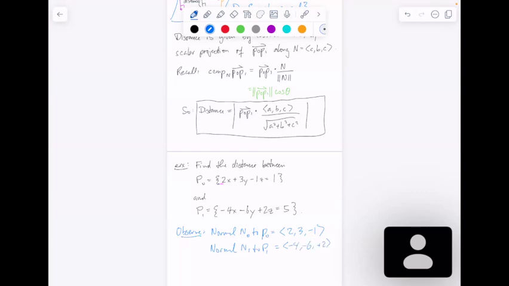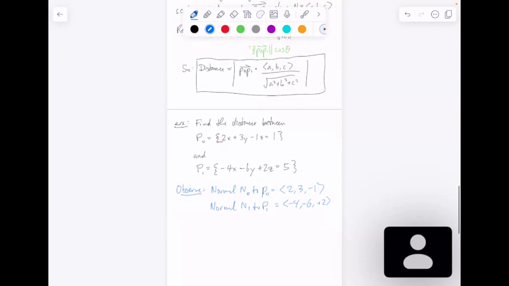So it looks like they are parallel because N2 is equal to minus 2 times N1. So they do not have the exact same normal vectors, but the normal vectors are collinear. They're scalar multiples of each other.